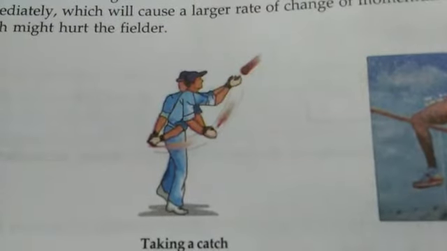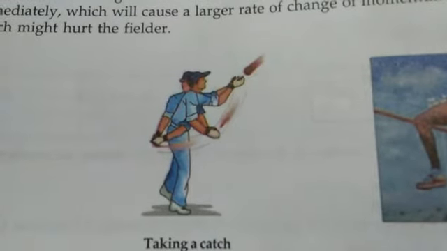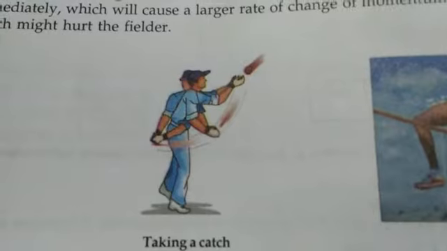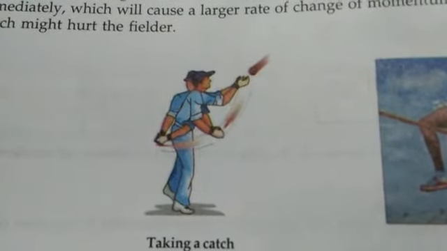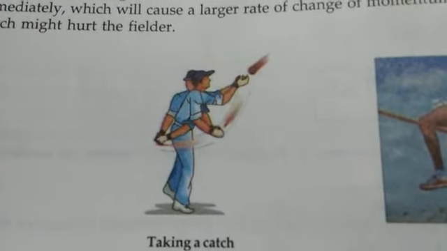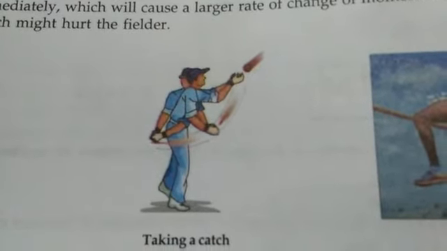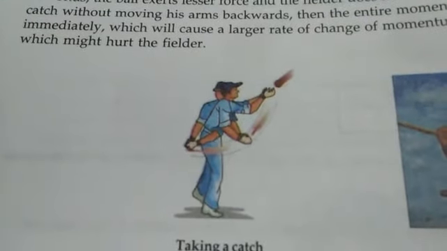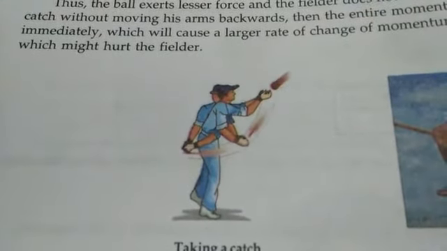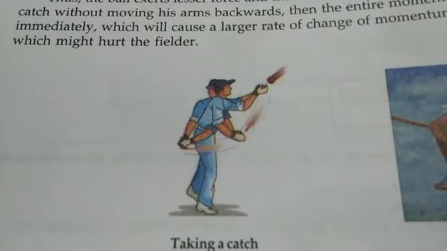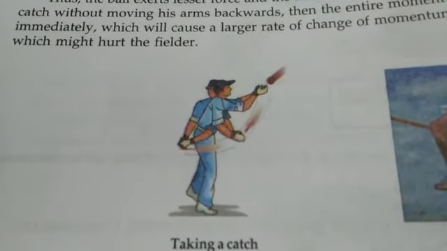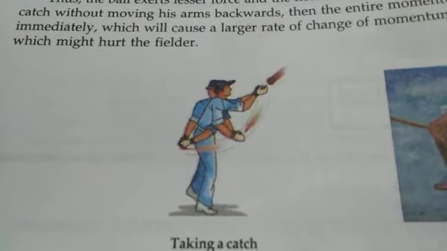The ball must be having some momentum. So when the fielder increases the time, from Newton's second law the force will decrease. So the force applied by the ball on the catcher's hand will decrease, and that's why he will not get hurt.